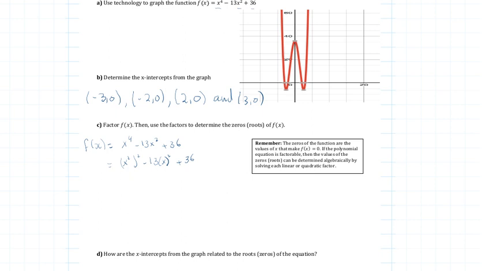So two numbers, the product is 36 and the sum is -13. And that's going to be -9 and -4, right? So negative 9 times negative 4 gives me 36, and that adds to negative 13. So that means I can factor this as x squared minus 9 and x squared minus 4.